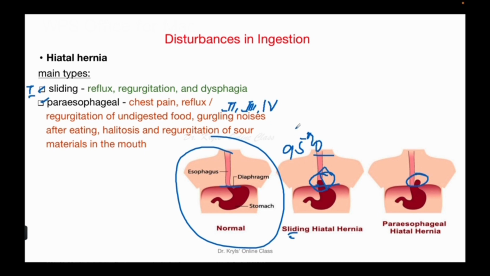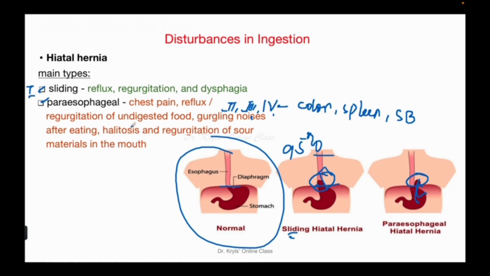Type 4 is the greatest herniation, with other extra-abdominal viscera such as the colon, the spleen, and the small bowel displaced into the chest along with the stomach. So the bigger the displacement, the higher the type: 2, 3, or 4.